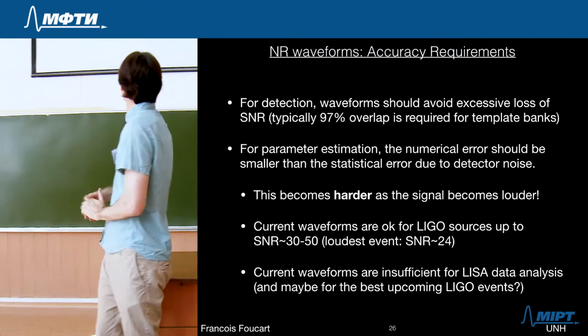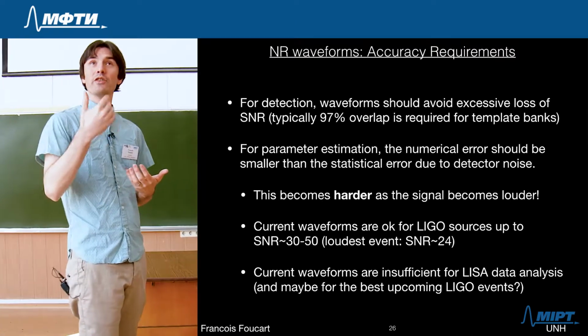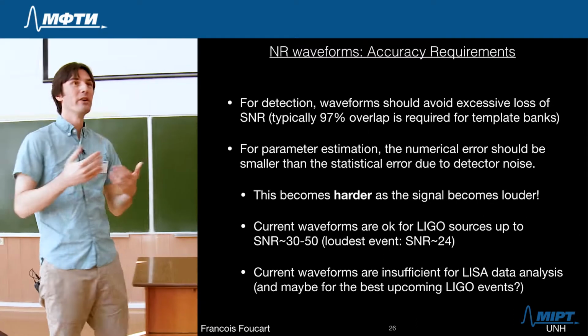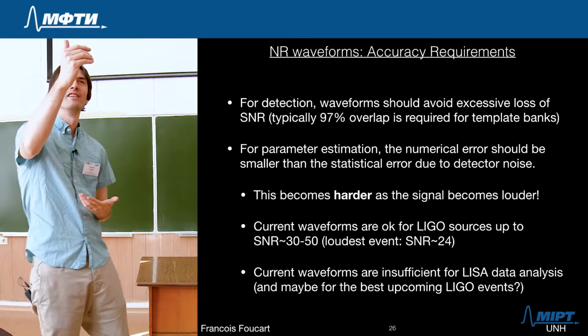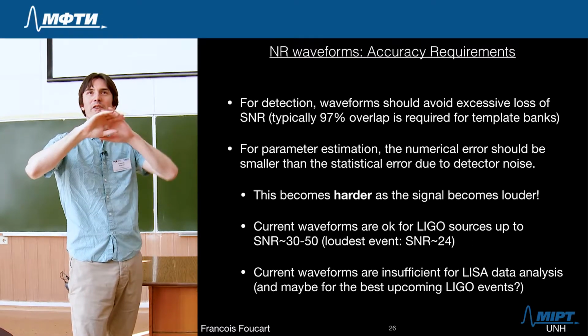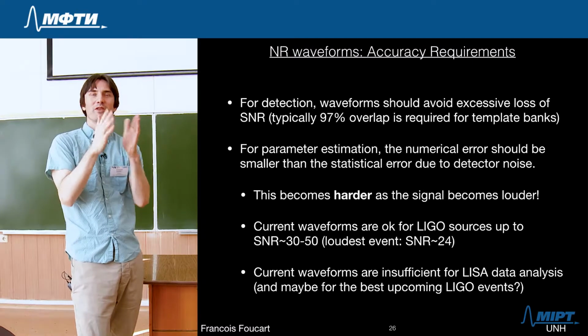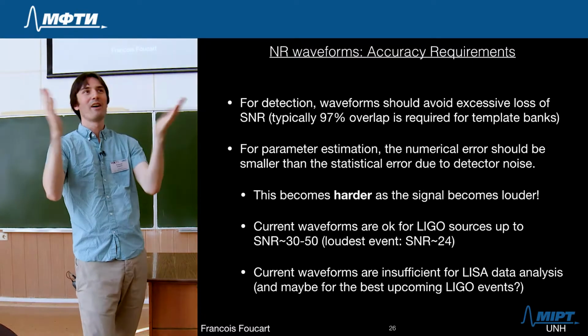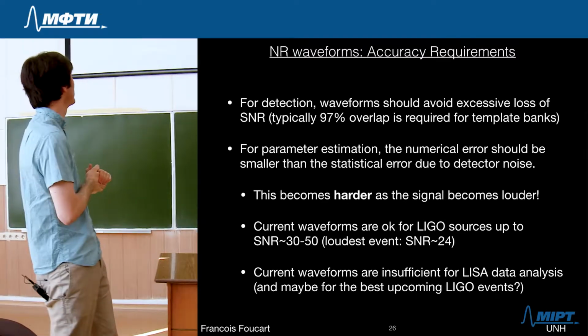And to do that, what you need from the numerical simulations depends a lot on the signal, because that becomes harder to do as the signal becomes louder. If you have a louder signal, your uncertainty from the observations becomes smaller, and so you need the numerical simulations to actually be of higher accuracy to be sure that they do not dominate the error budget.